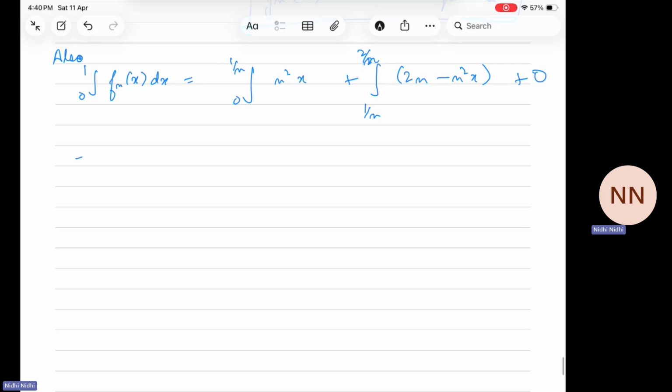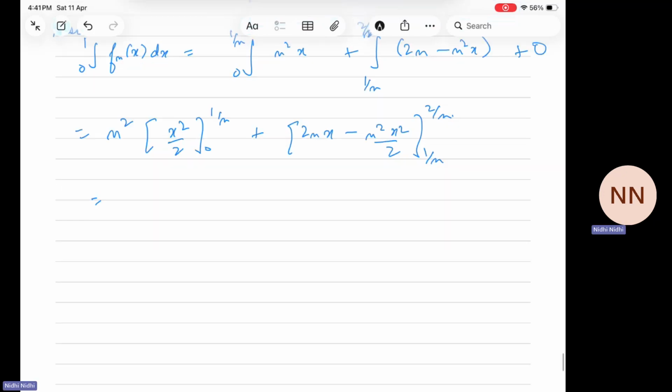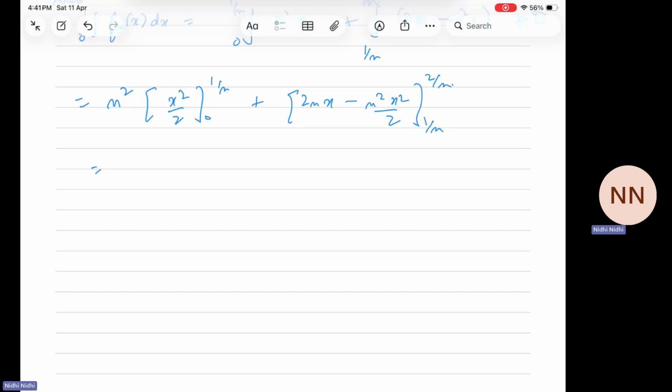This is just simple integration. You can check that this will be n square x square by 2 from 0 to 1 by n, plus 2nx minus n square x square by 2, from 1 by n to 2 by n. Just put the limits.